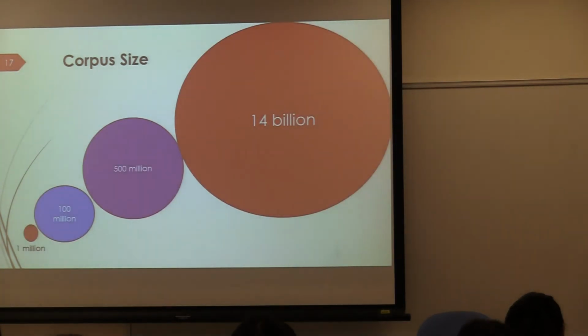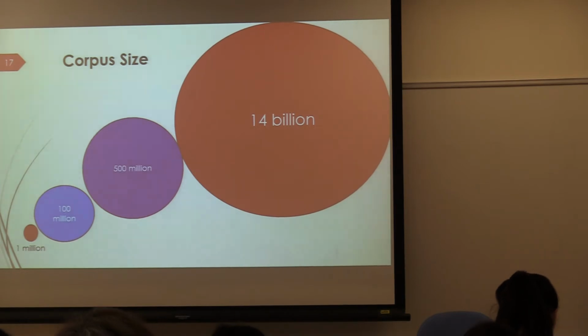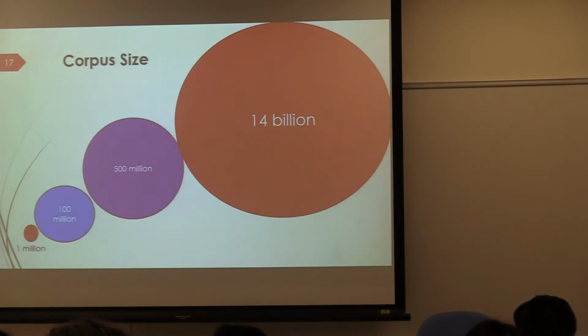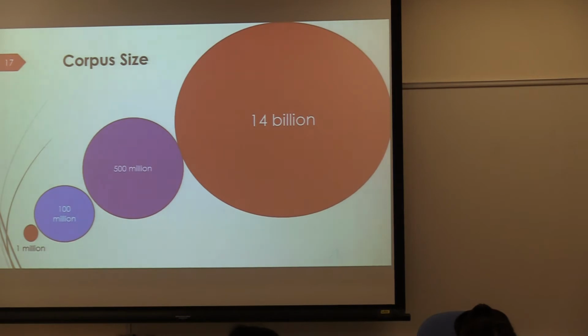So you see these corpora getting bigger and bigger, starting from 1 million for Brown and the LOB corpus, and then 100 million for the British National Corpus, 520 million for COCA, the Corpus of Contemporary American English, and 14 billion. What's this? 14 billion words. So large. How can we get so many texts?